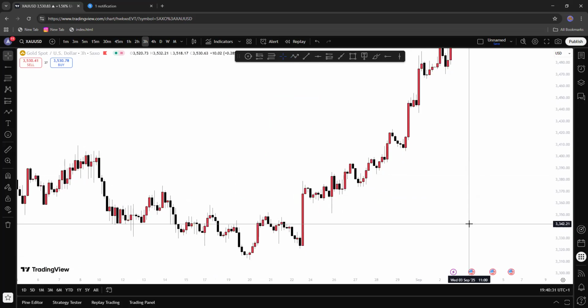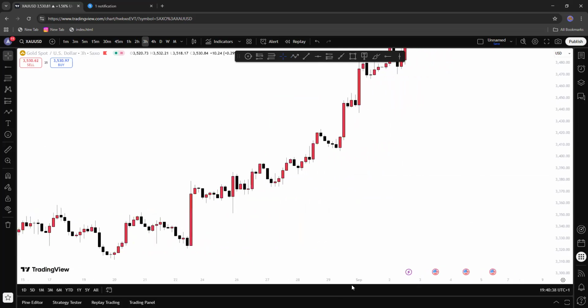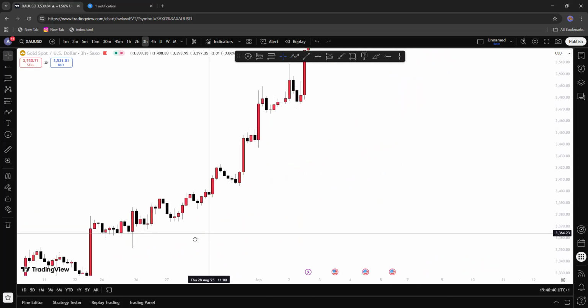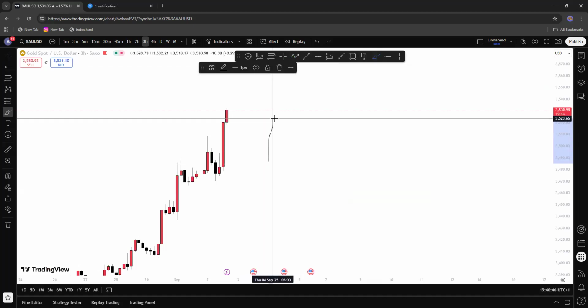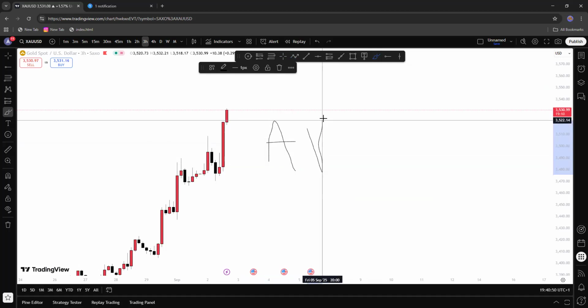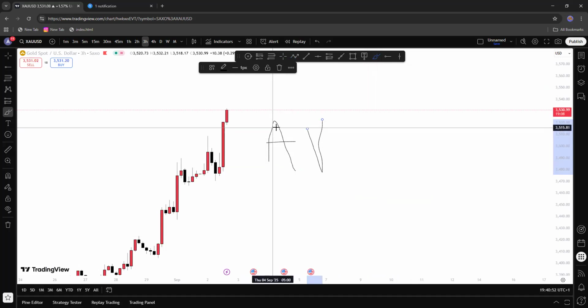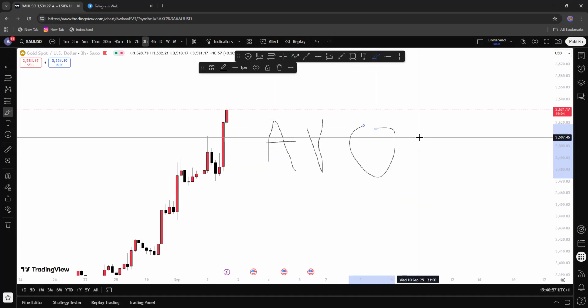We have three types of key levels. We have the A-shaped key level, we have the V-shaped key level, and we have the open close key level, the OC.